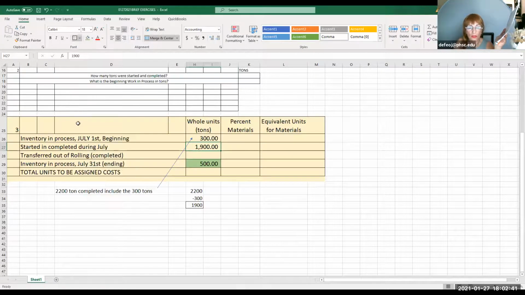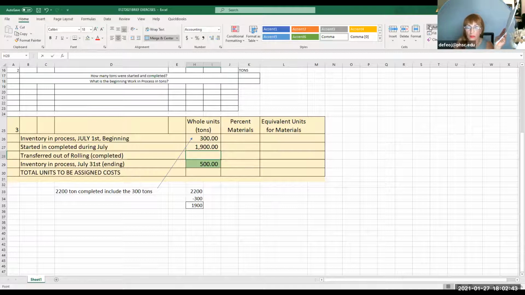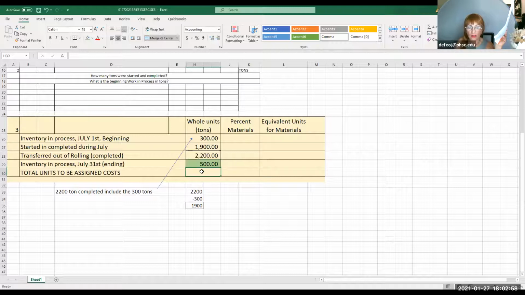Here, I'm just going to total these two numbers, so that it's 2,200. And then ending inventory is 500. So for the total units to be assigned cost, I'm going to add all this together.